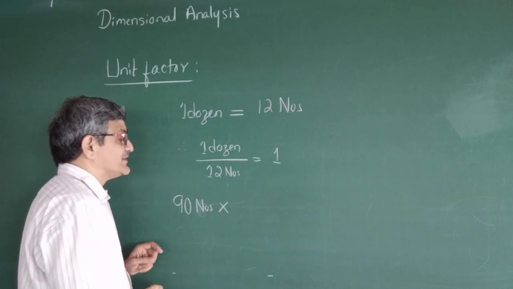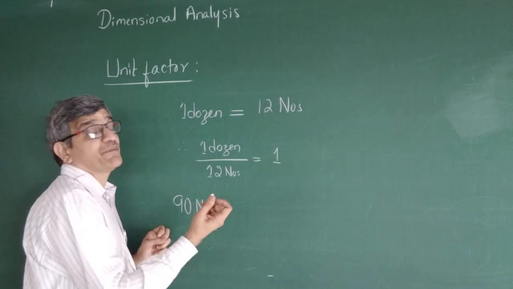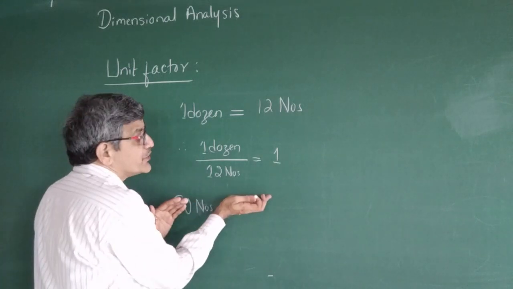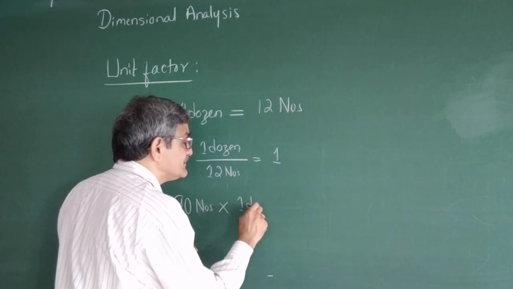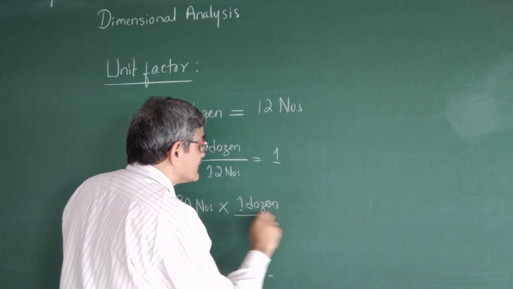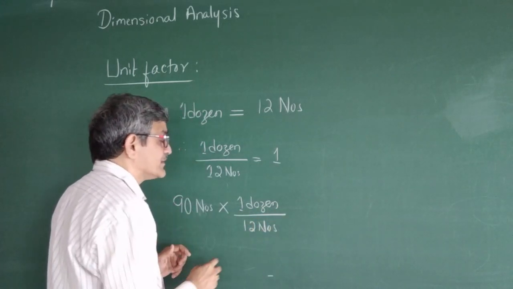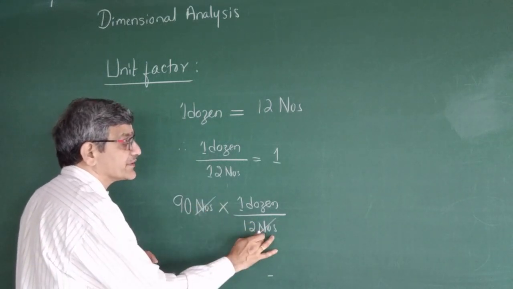If I multiply this with the unit factor, ನಮಗೆ 90 numbers ಅನ್ನು dozen ಮಾಡಬೇಕು. So dozen ಮಾಡಬೇಕಾದ್ರೆ ನಮಗೆ numerator ದಲ್ಲಿ dozen ಬೇಕು. So in the numerator we want a dozen. So therefore 1 dozen divided by 12 numbers. So now what happens? These numbers cancel out. Okay.